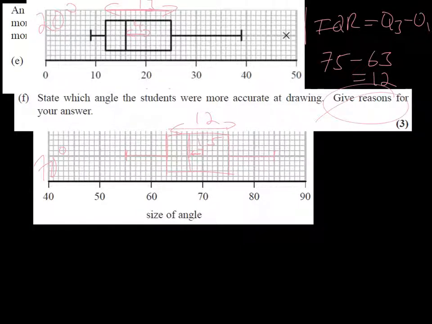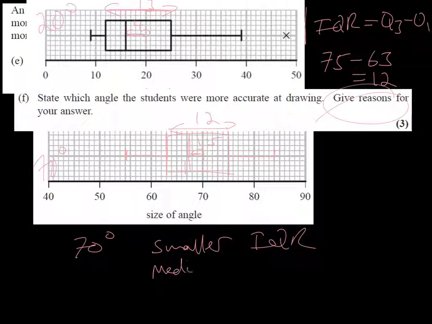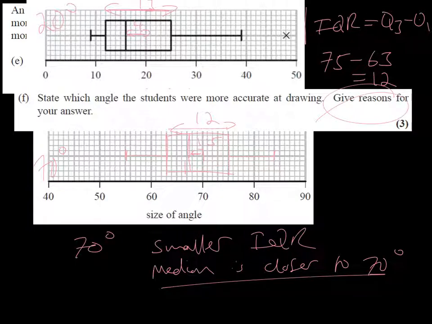So the median is closer to where it should be with 70 degrees. So for both those reasons, i.e. 70 degrees has a smaller IQR, interquartile range, and also the median is closer to 70 degrees. So for both those reasons, 70 degrees is more accurate.